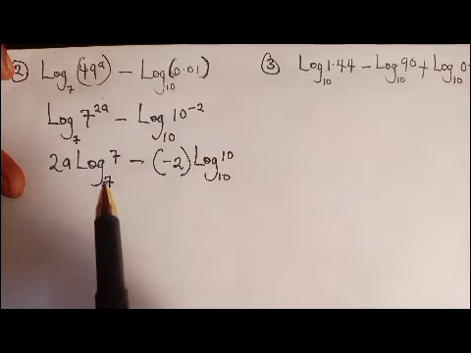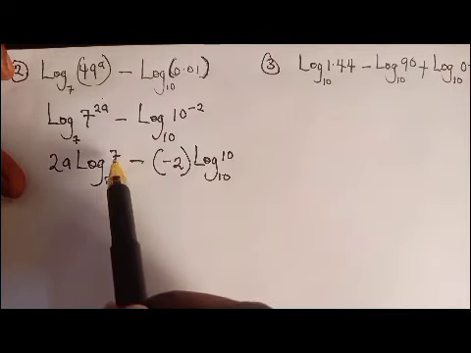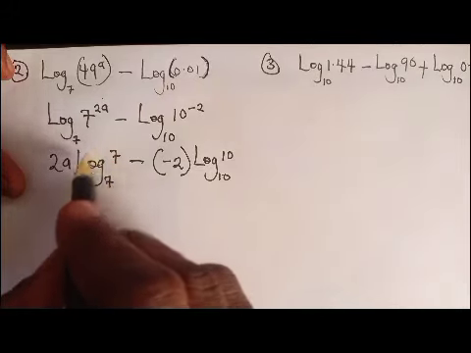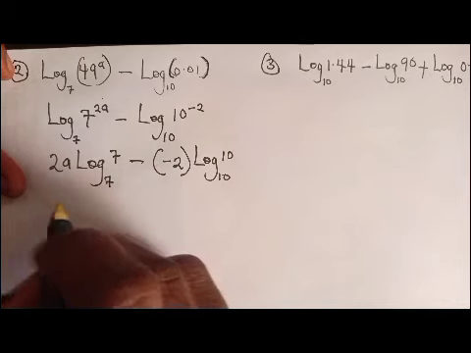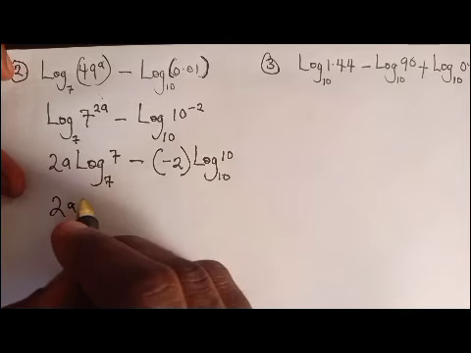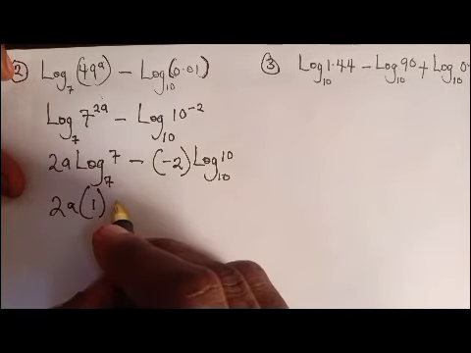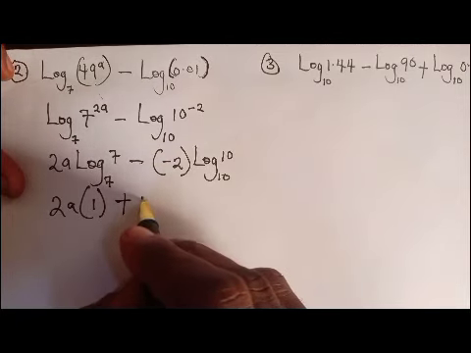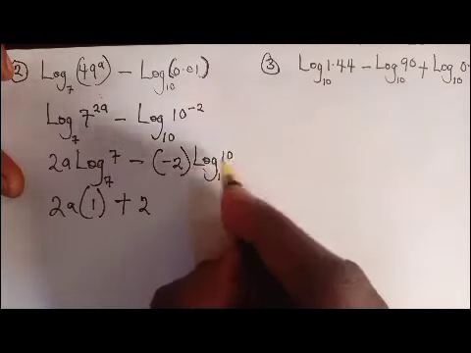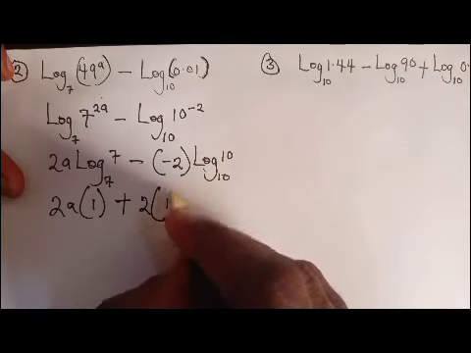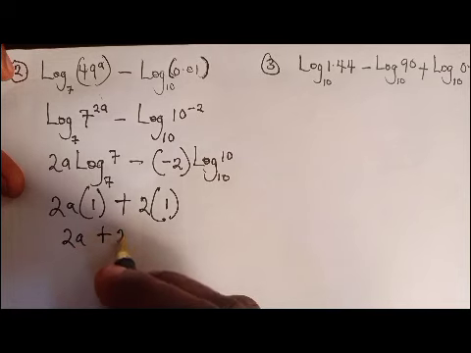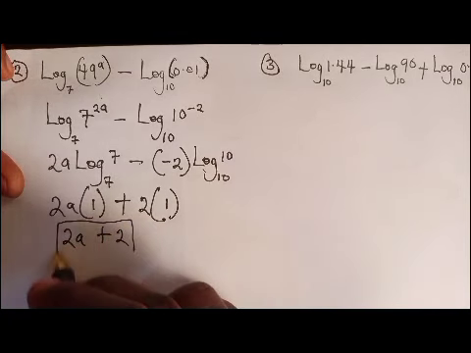We said when you have the logarithm of a number to the same base, it gives you 1. So it simply means that log 7 base 7 is 1. So this is going to be 2a times 1. While this is minus times minus, which is plus. So this is going to give me plus 2. While log 10 to base 10 is also what? 1. So this is simply 2a plus 2 when simplified.